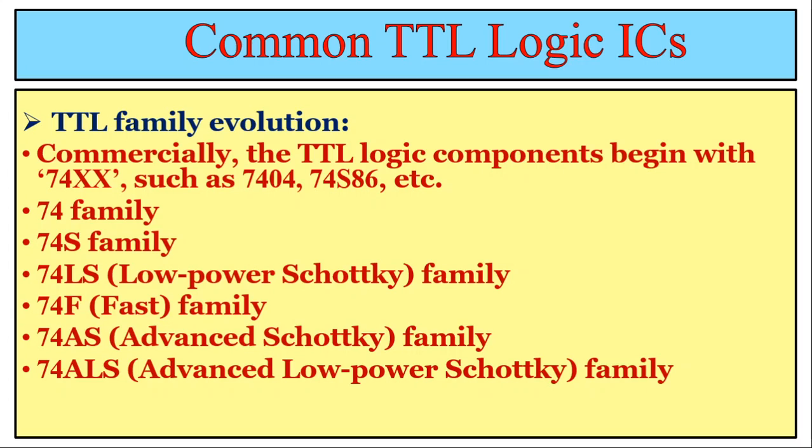Commercially, the TTL logic components begin with 74XX, such as 7404, 74S86, etc. Then the families are: the first family is the 74 family, then the next is 74S. For example, 74S00, and this 74S00 is the quad 2 input NAND gate IC.